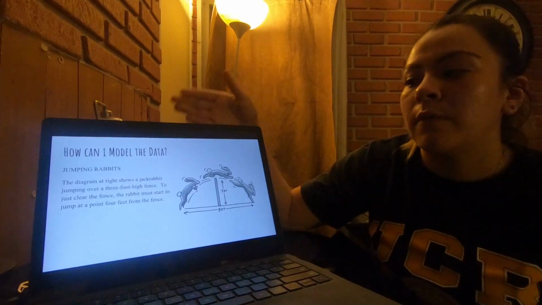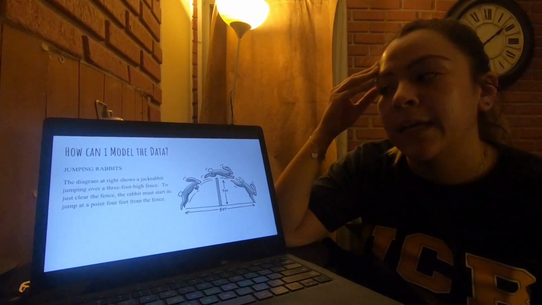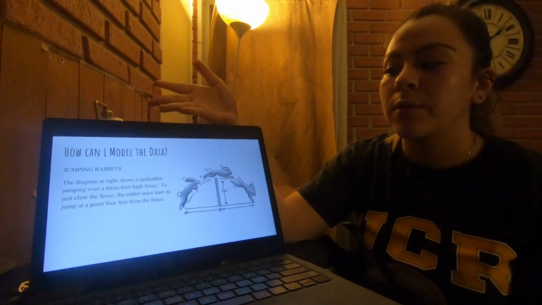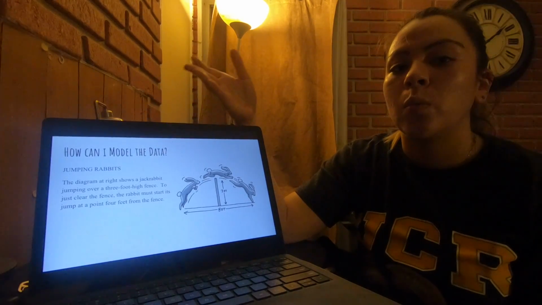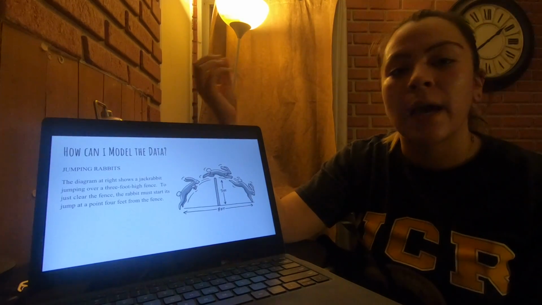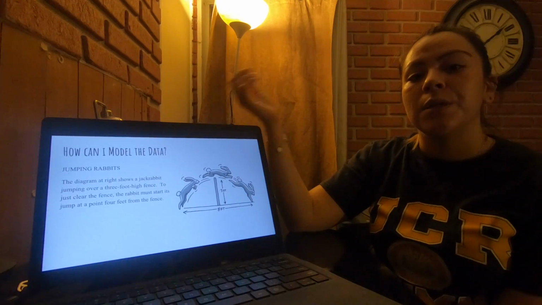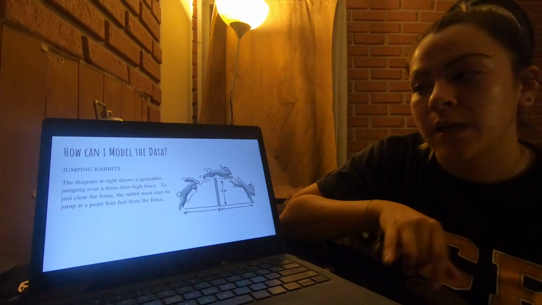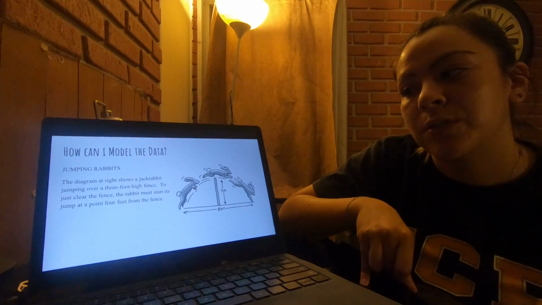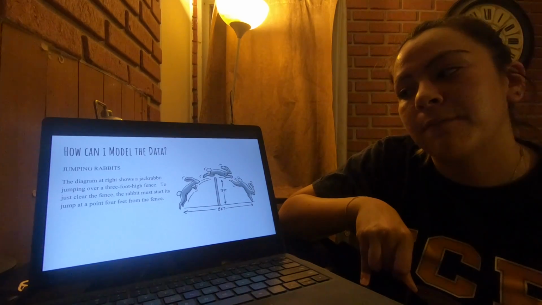Alright, so for the lesson, I titled this, How Can I Model the Data? I'm providing students with a guided example. This guided example is on jumping rabbits. Let me actually read it. It says the diagram at the right shows a jackrabbit jumping over a 3-foot high fence.